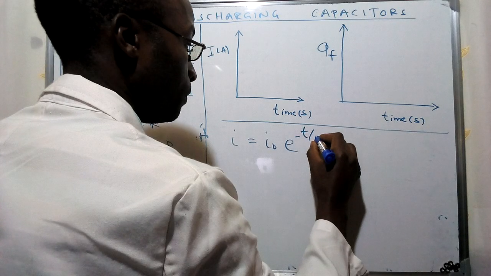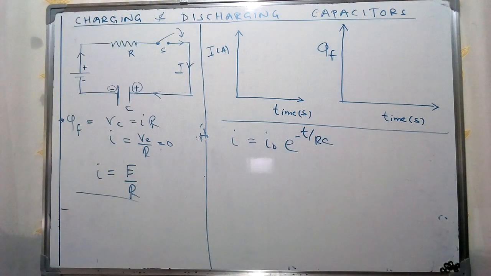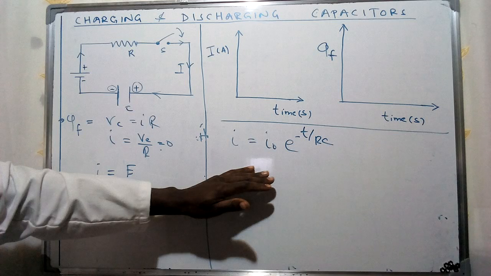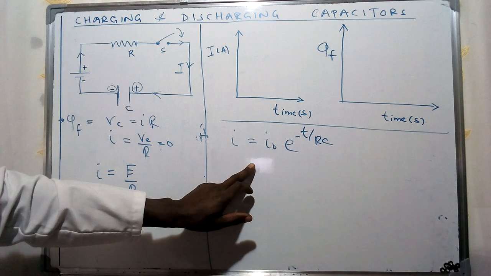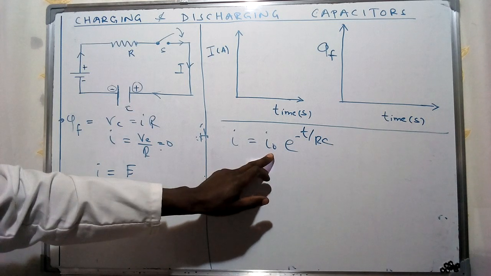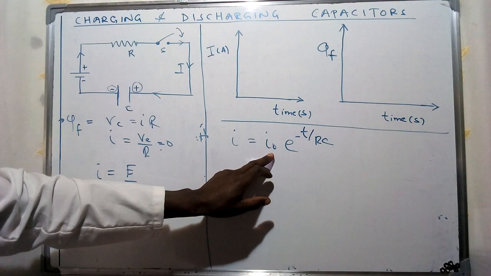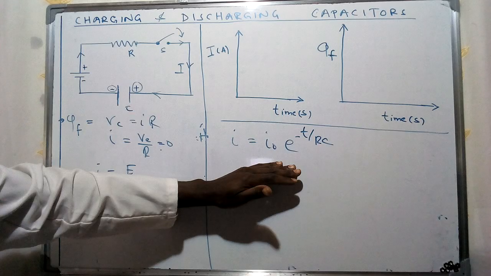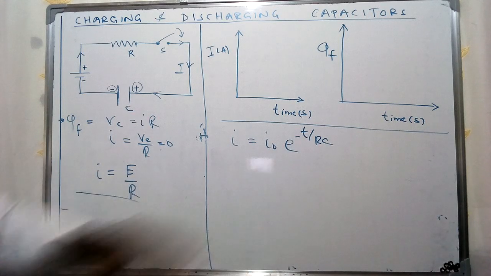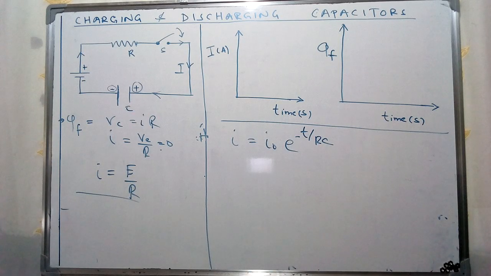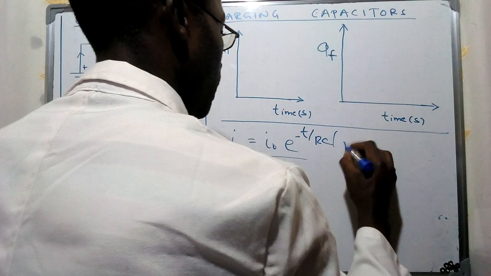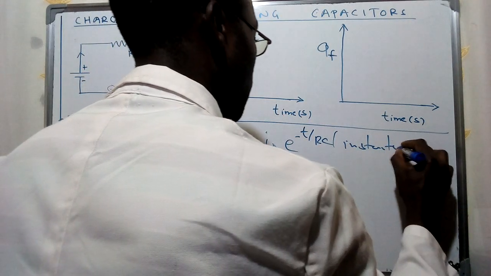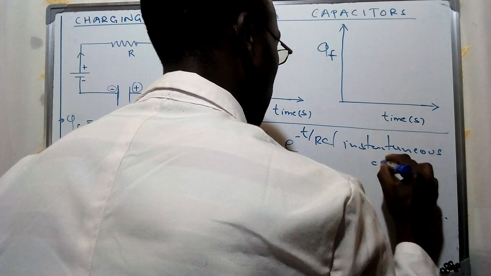So in this case, we have this as the instantaneous current, and I naught as the current at the instant at which the switch is closed, which forms the maximum current at that instant. And this specific equation is used to derive what we refer to as the instantaneous current.